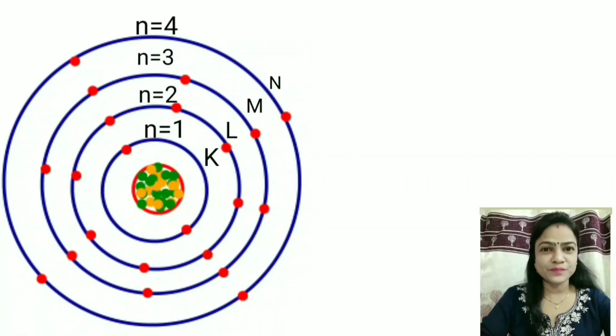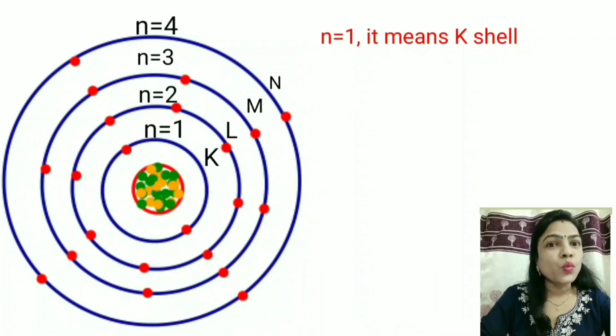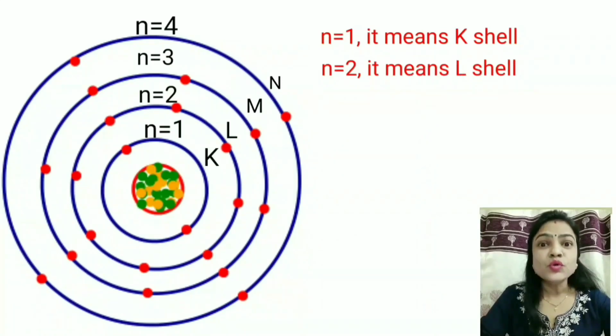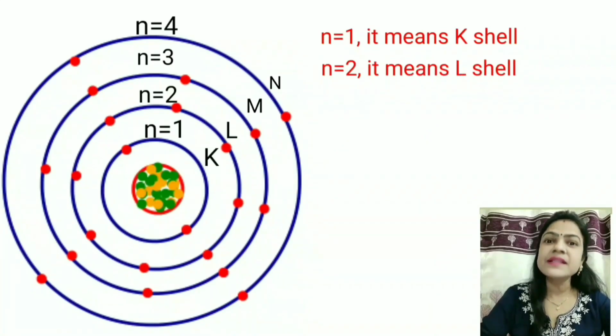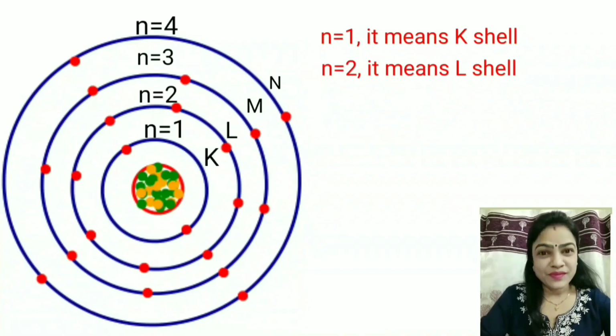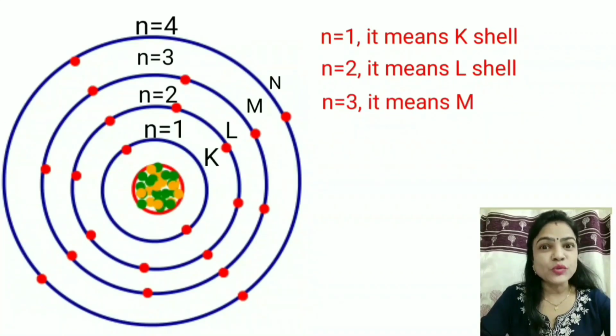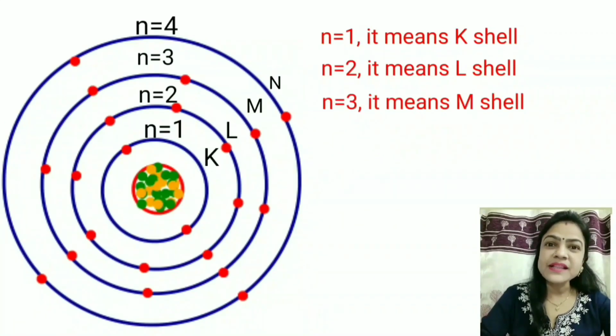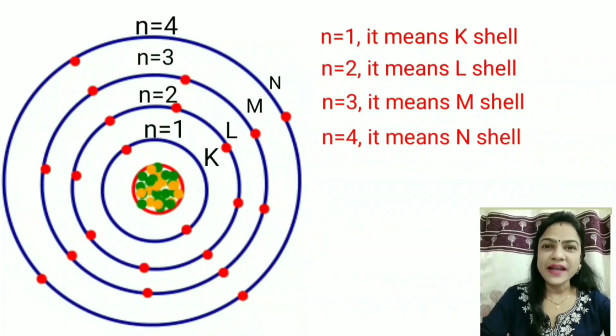Where n is equal to 1, it means K shell, where n is equal to 2, it means L shell, where n is equal to 3, it means M shell, and n is equal to 4 means N shell.